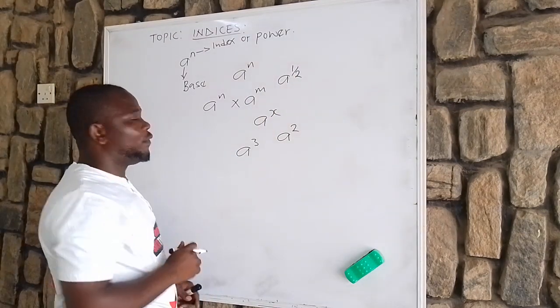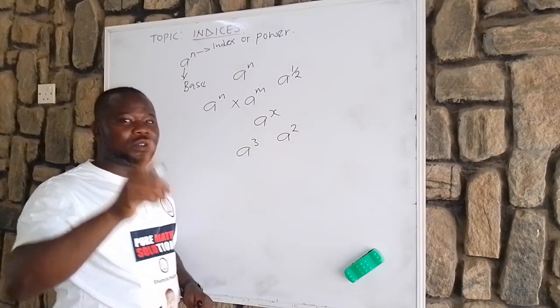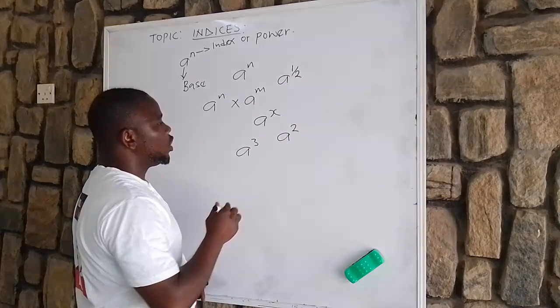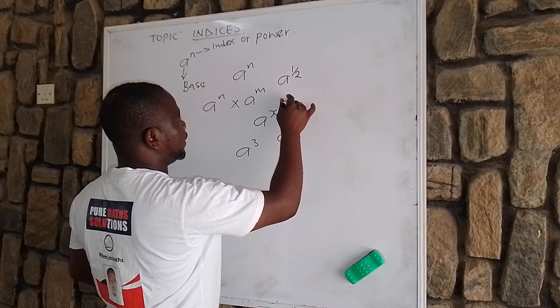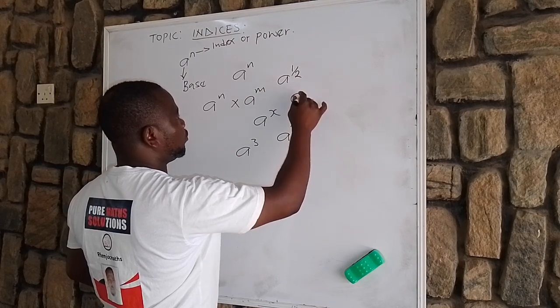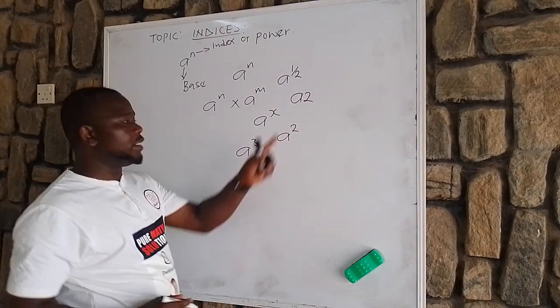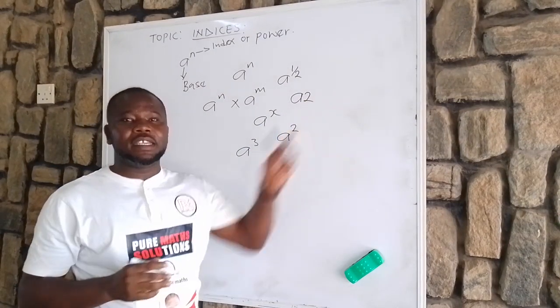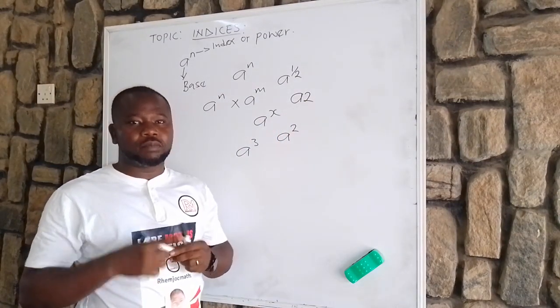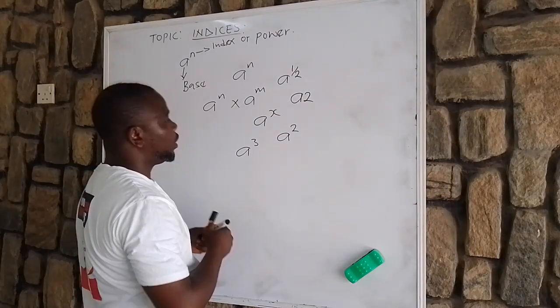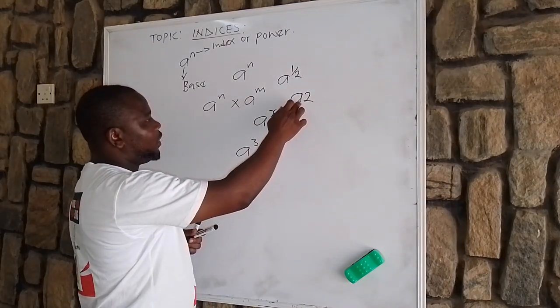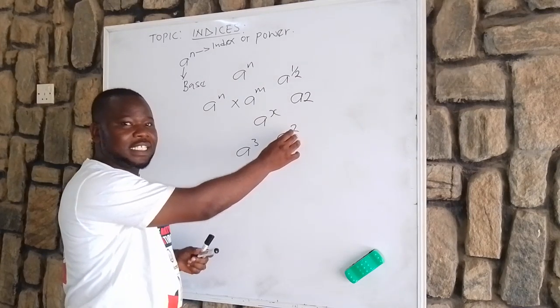But before I move further, I want to show you something. Some people write indices in this form. Instead of a raised to power 2, they write it this way. Mathematically, you are very wrong. Please take note. The right form of a raised to power 2 is this.